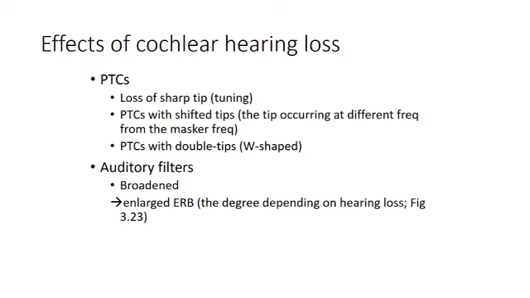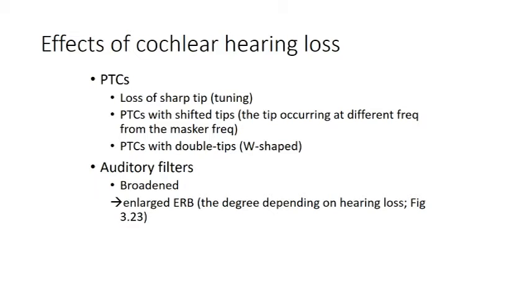So for people with cochlear hearing loss with broadened auditory filters, their perception of two tones that are close to each other may be different from normal hearing listeners' perception. Tones that normal hearing listeners easily differentiate or perceive as separate tones may be perceived as one single tone, but kind of hodgepodge.